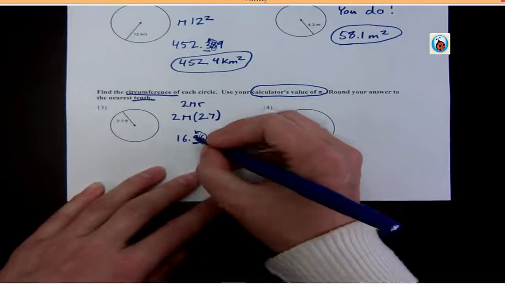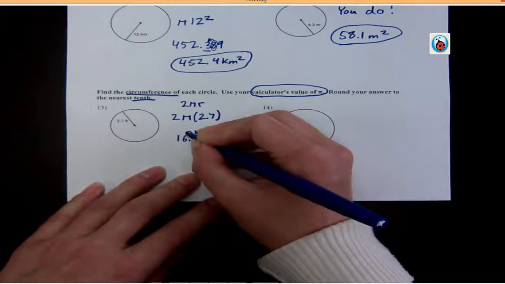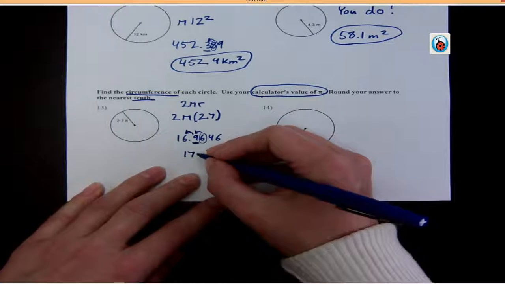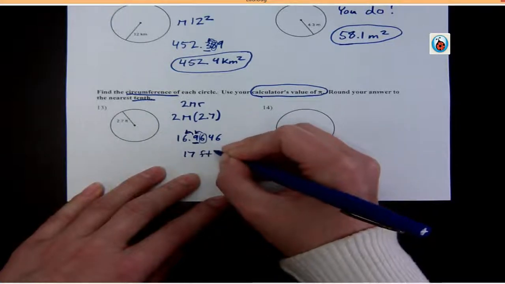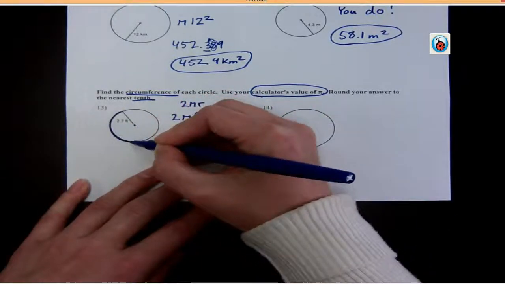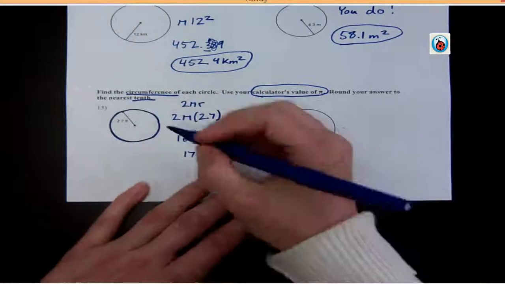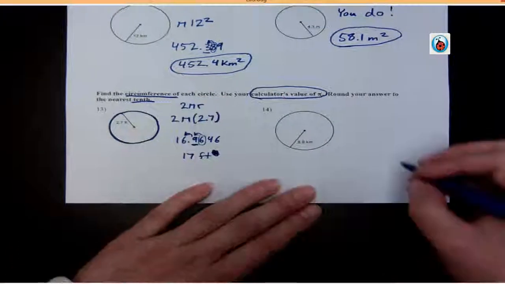And so it becomes 17. So this rounds up to 17 feet squared. Sorry, 17 feet. Circumference goes all the way around the edge, so it is not squared. It's just the flat space around the edge.